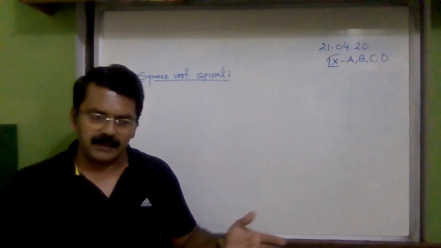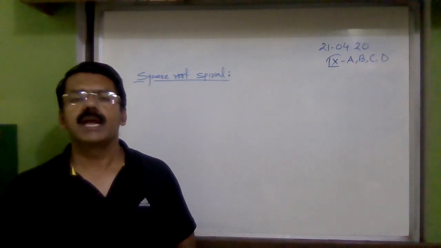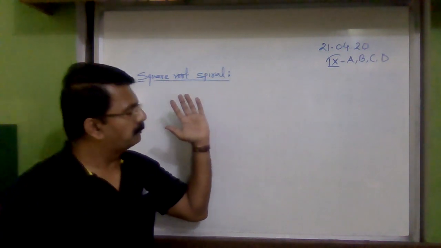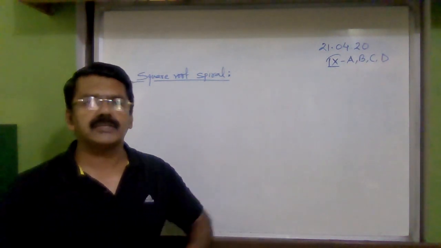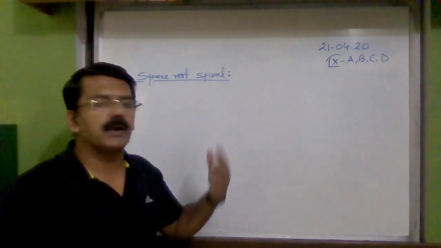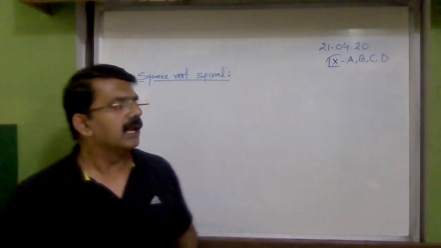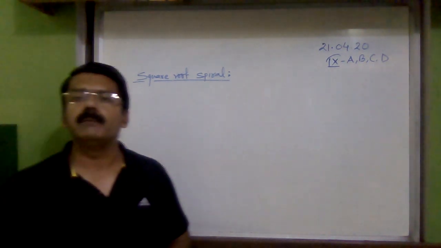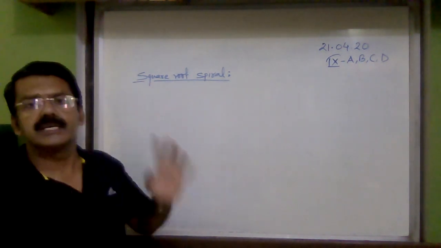In the previous class I told you how to plot irrational numbers, means the numbers with a square root, on the number line. Now using that method only we make the square root spiral.